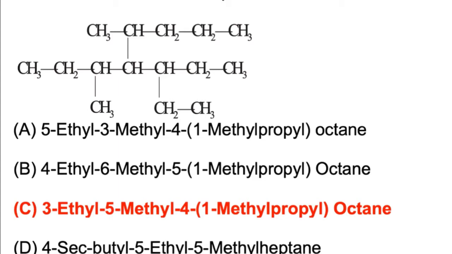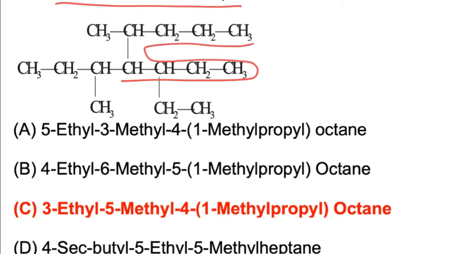In this question we have to find the correct IUPAC name of the given compound. First of all we select the longest chain having the maximum number of carbon atoms. If we select this chain, it is the longest chain having 1, 2, 3, 4, 5, 6, 7 and 8 carbons. Numbering should be done from the end which follows the lowest set of locants. If we start numbering from this end, an ethyl substituent is present at the third carbon, and the next substituents are at the fourth and fifth, so the set of locants is 3, 4, 5.